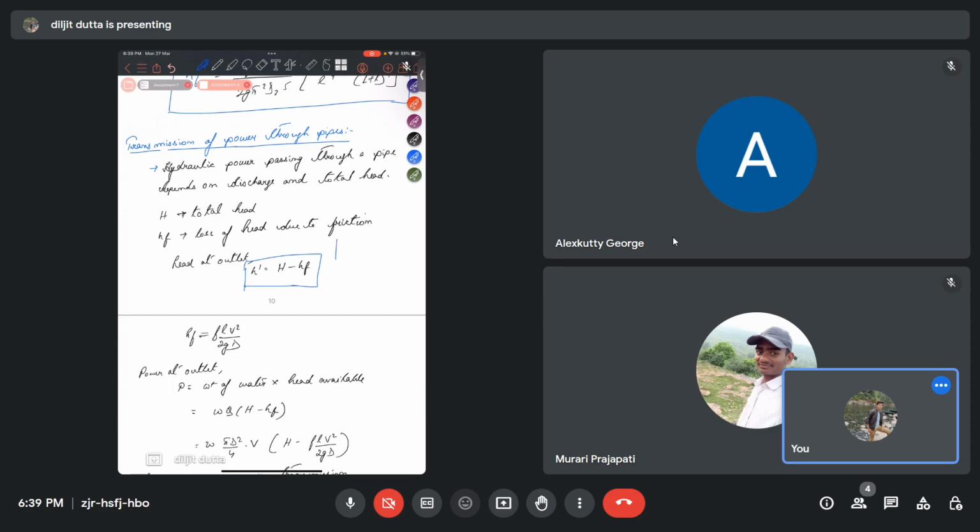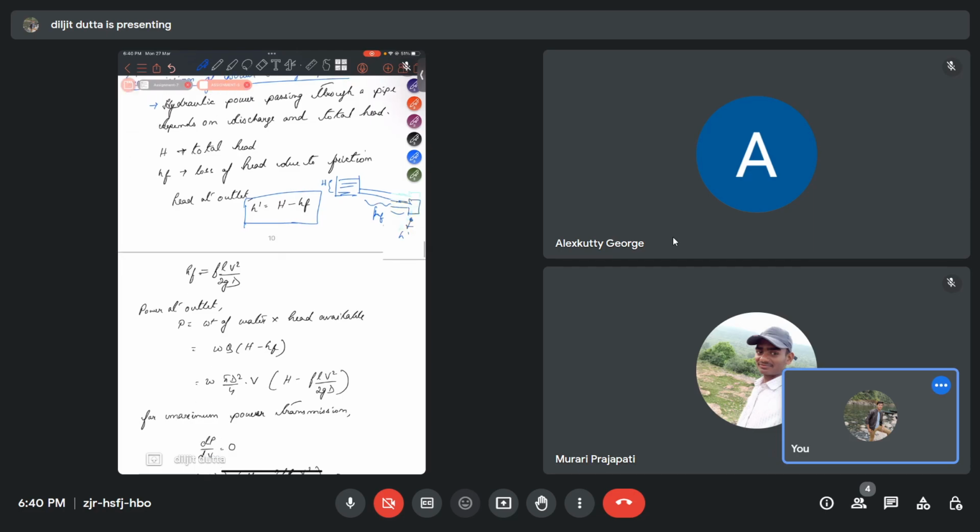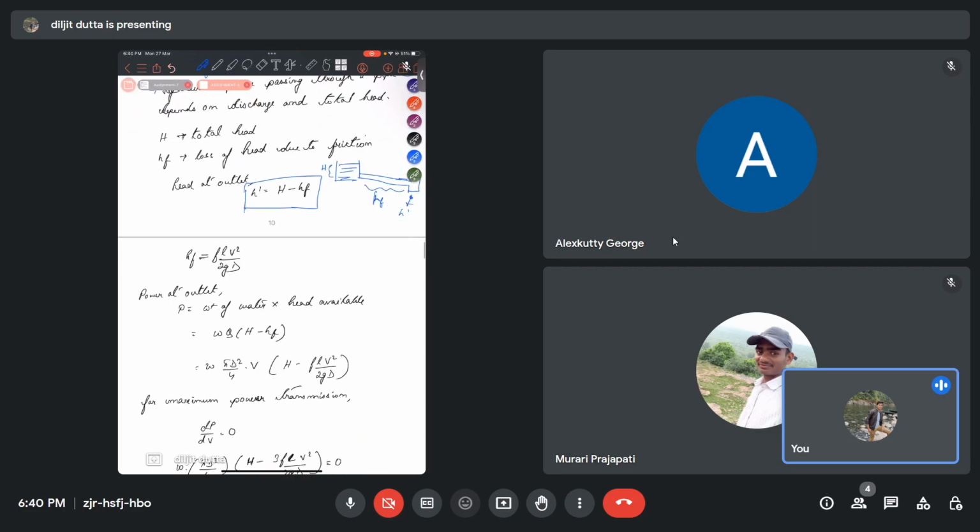So we have one section, suppose the total head is H, which we have to transmit to another region, and there will be friction losses in the pipe. So the head here will be H minus hf. Now we know hf is equal to f L v square by 2 g d. The power at the outlet will be given as, this is the formula for power, that power is equal to weight of water into head available.